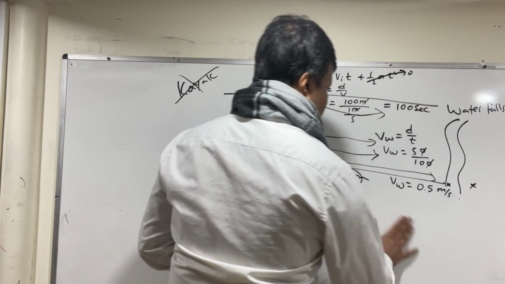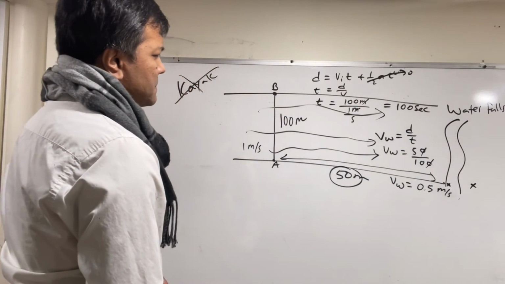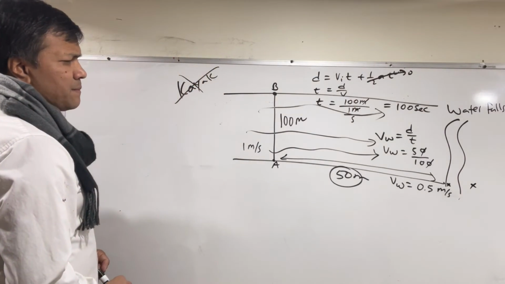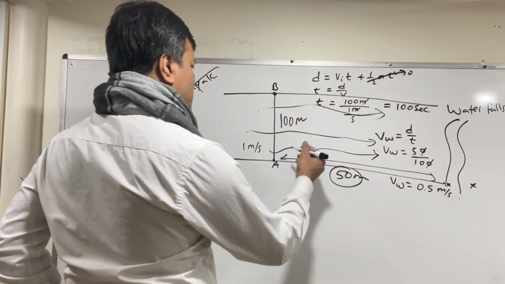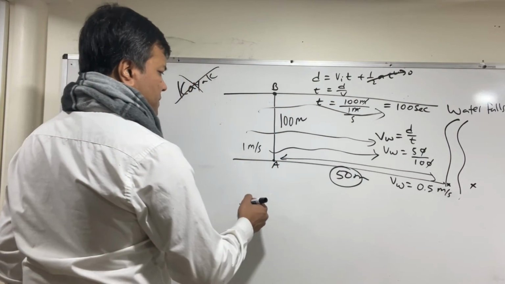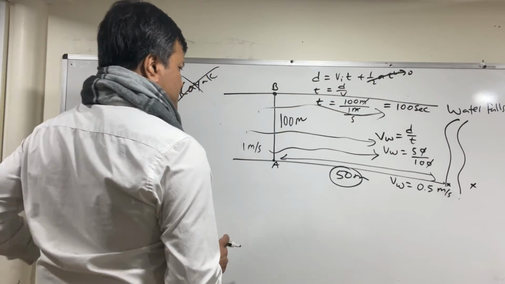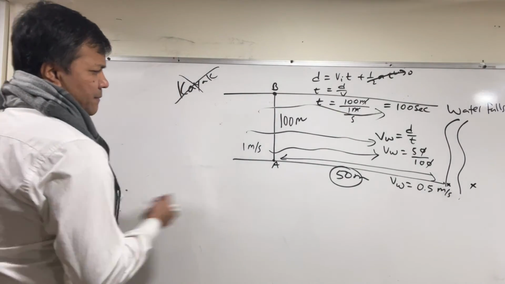So here, this is his velocity, and that would be the water velocity. What would be his total velocity? Let's use a different color.